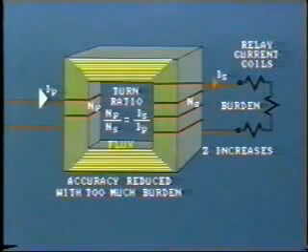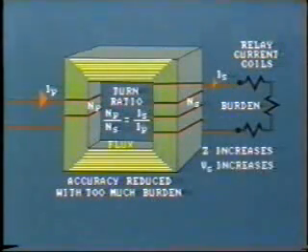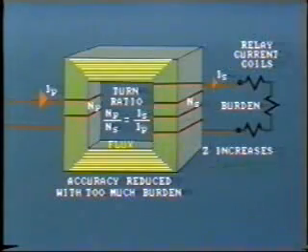The transformer must now produce a larger output voltage so as to force the same current through the higher impedance. To achieve this, more flux is needed, and therefore more exciting current is required from the primary. As a result, distortion increases and accuracy of the transformer is reduced. In sum, then, as the burden increases, the overall accuracy of a CT decreases.